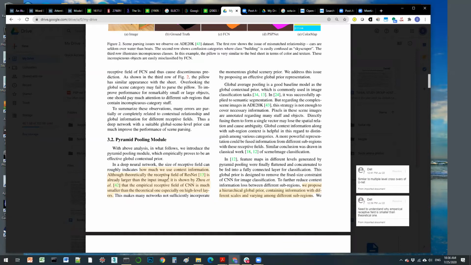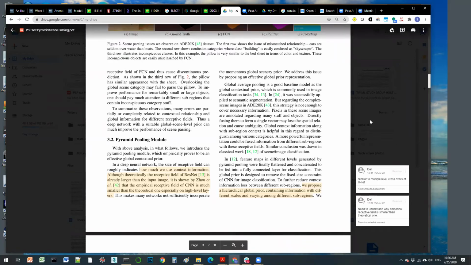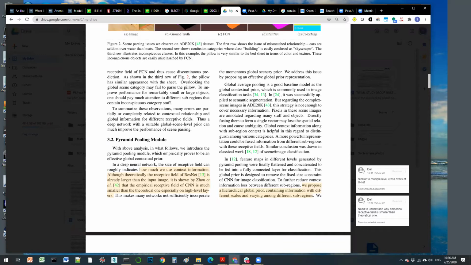And I didn't quite get why the empirical receptive field is less, even though the theoretical receptive field is bigger. So I just made a comment to myself saying, yeah, need to dig into that if I care and if it's important, but I don't know that it is greatly important to the rest of the paper.